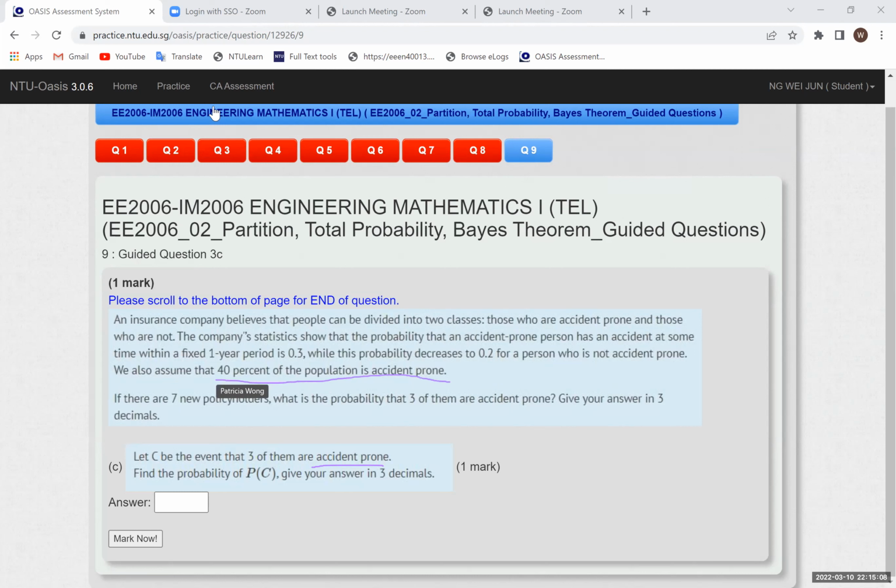There are 7 policy holders, so this is a binomial, and n is 7. Each one is a trial, accident prone or not accident prone. You are interested in those that are accident prone, and the probability that a person is accident prone is 0.4.